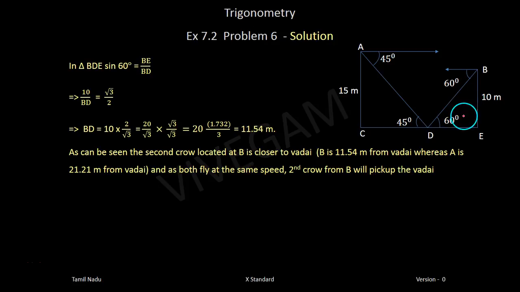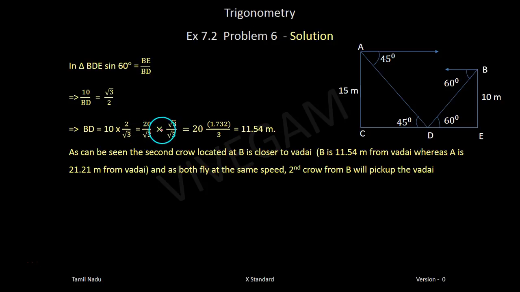Sine 60 is opposite by hypotenuse. So sine 60 equal to BE divided by BD, and BE is 10 meters. So 10 by BD equal to sine 60, which is root 3 by 2, so BD will be equal to 10 into 2 by root 3, and that is 20 by root 3.